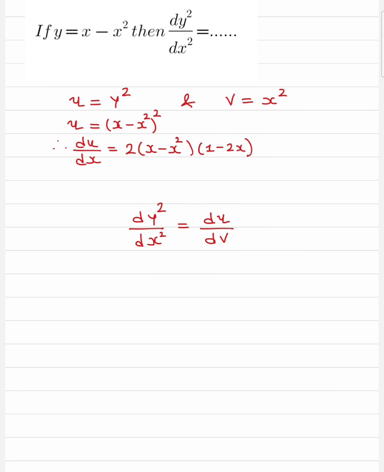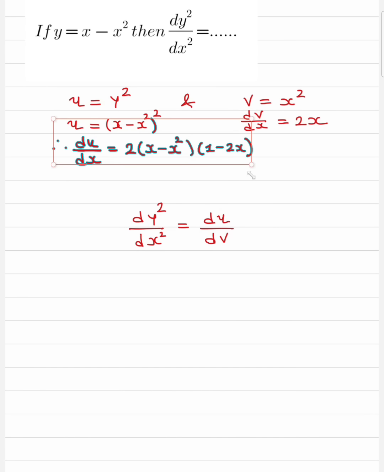This is nothing but du by dx. And differentiation of v with respect to x, which is dv by dx, which is nothing but 2x, right?